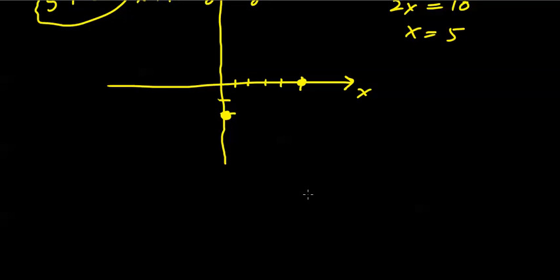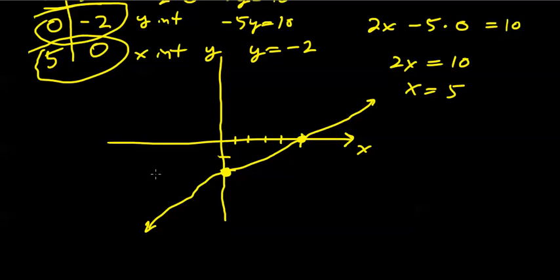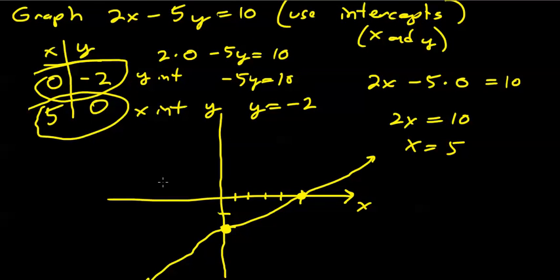I'm going to go ahead and connect the dots. It's a line, believe it or not. And the best I can here freehand. So this line is the graph of the solution set of the equation 2x minus 5y equals 10.